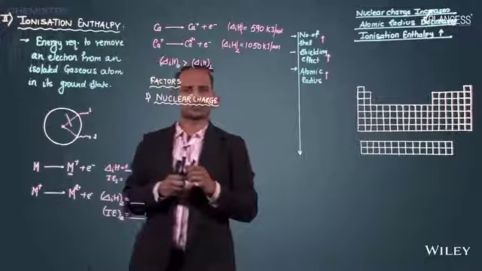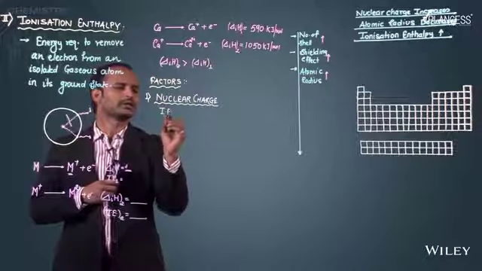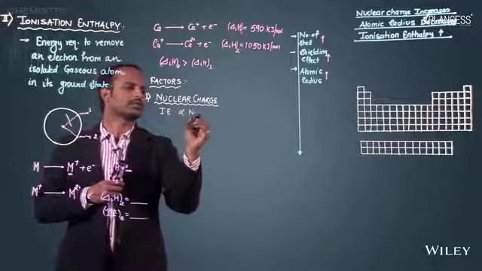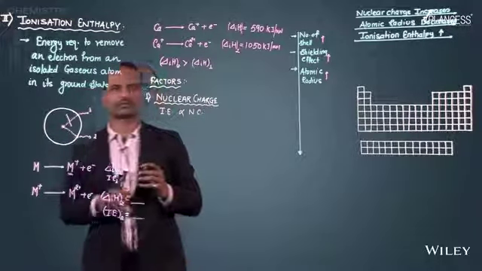So here, simply, I can say that the ionization enthalpy is directly proportional to the nuclear charge. More the nuclear charge, more the energy required to remove an electron from the outermost shell.